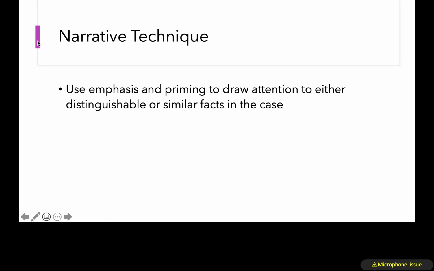So essentially, we're going to talk a lot more about narrative throughout the semester, but essentially you're using emphasis techniques that we've discussed previously and priming to draw attention either to the distinguishable facts of that case or the similar facts of that case. You may also even use your ordering to put less helpful cases somewhere near the middle of your explanation and bookend them with more helpful cases.